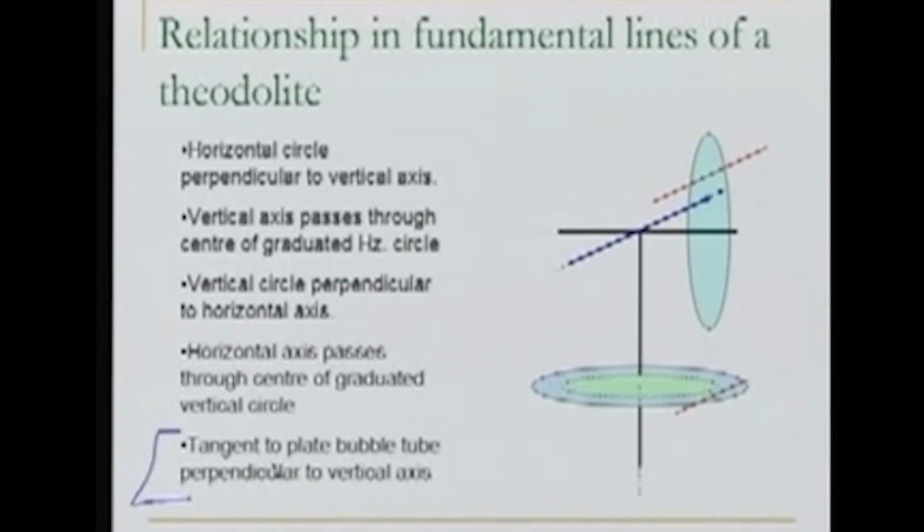Then finally, the tangent to the plate bubble tube should be perpendicular to the vertical axis. Now, why this relationship? Here is the plate bubble tube. The tangent of the plate bubble tube goes like this, and our vertical axis is here. Now, these two should be perpendicular. Why?